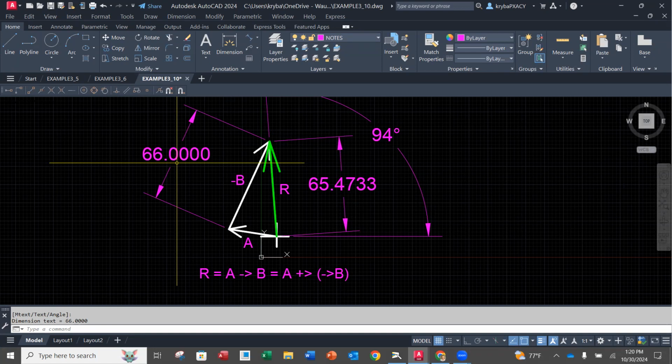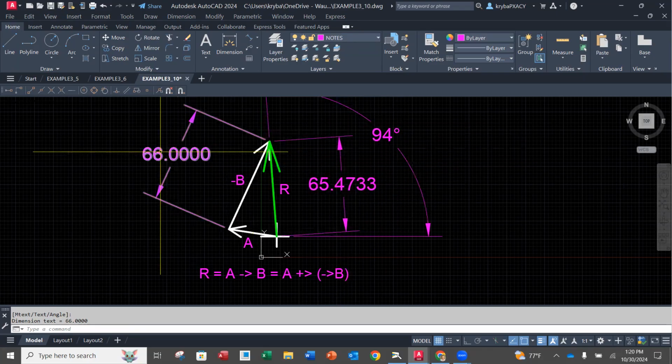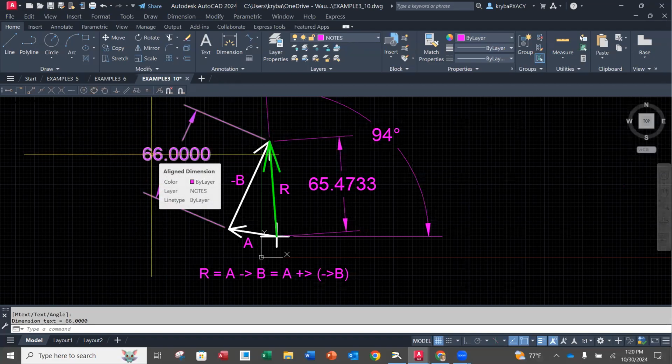Oh, no, you know what I did? I did 66 long. It was supposed to be 56. Do you see that for my B? That's why mine is different. So are you guys getting 56.8 for the length? Yeah, and you're getting 99 here. So this dimension of mine is wrong. I'm not going to redo this one. You guys are expected for yours to match.